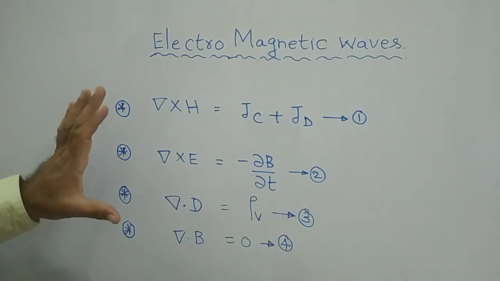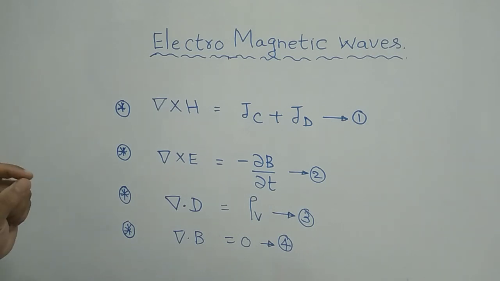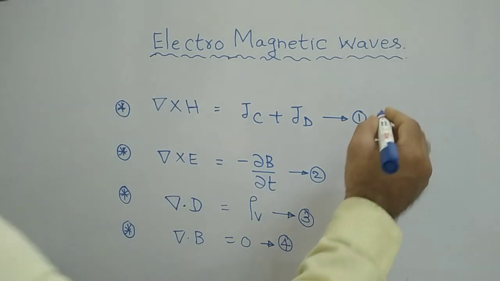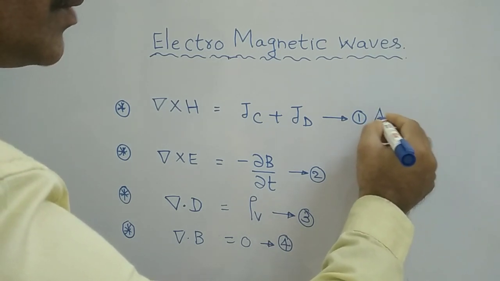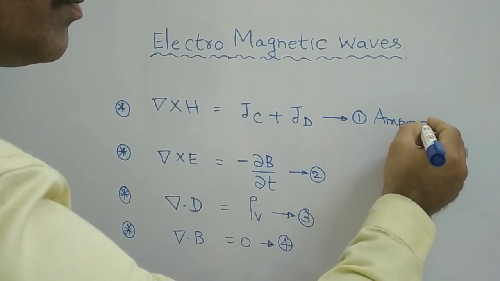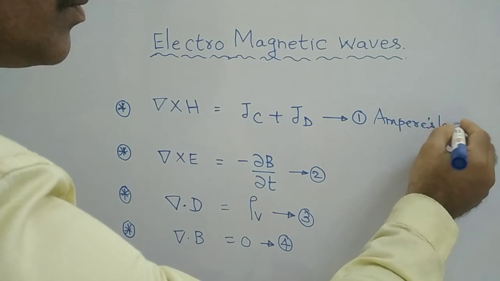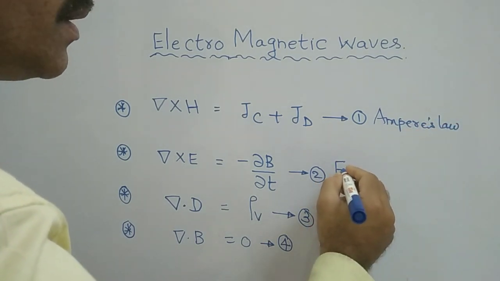Therefore, these are the 4 equations that everyone should remember. The first is from Ampere's law. The second is called Faraday's law.